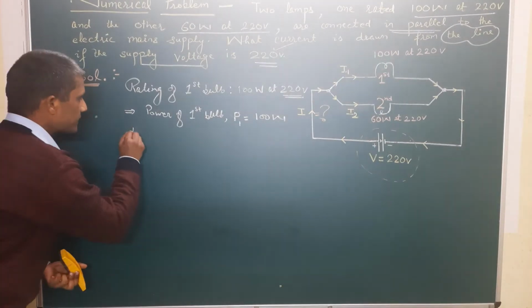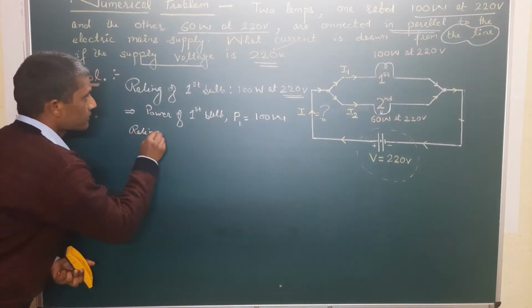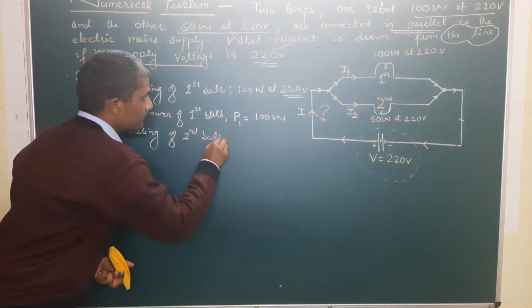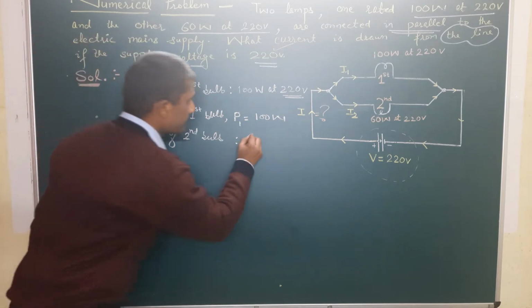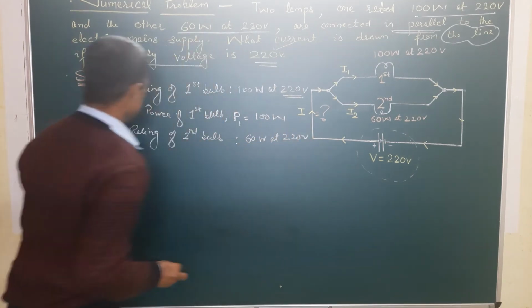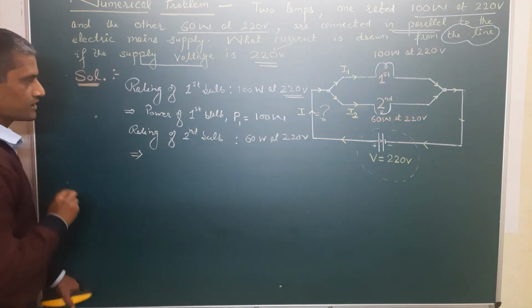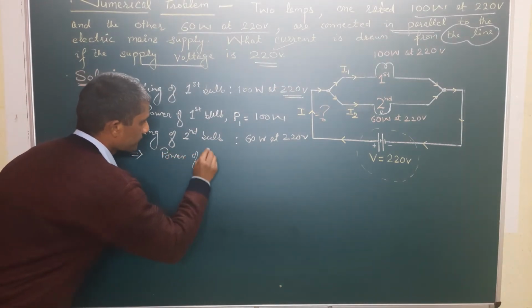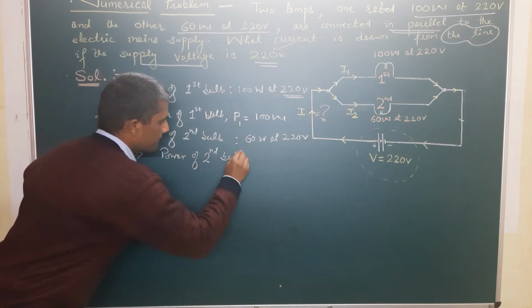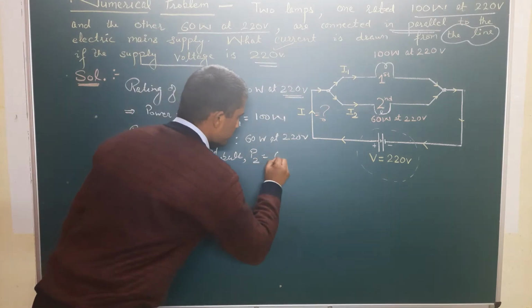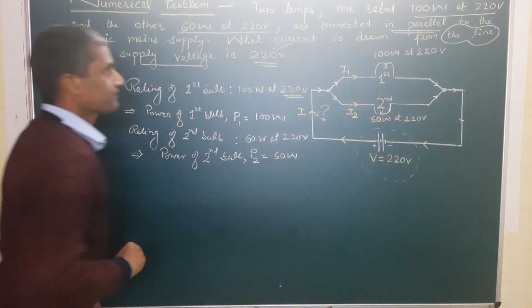Number 2 is the rating of second bulb. What's the rating given here? 60 watt at 220 volt. And what will it give to us? Power of second bulb, P2, which is equal to 60 watt.